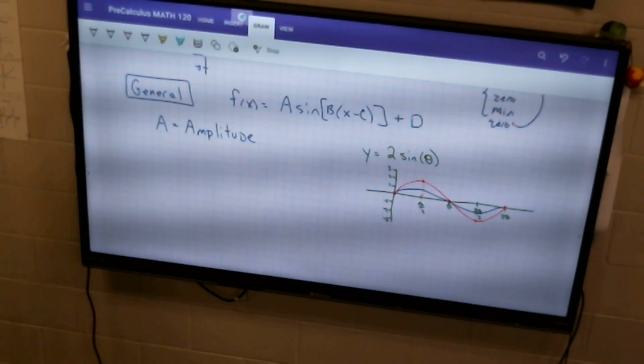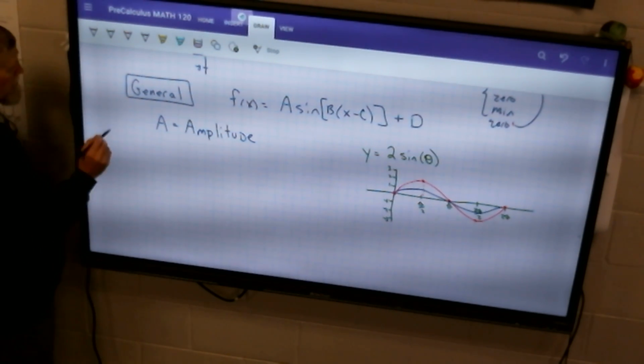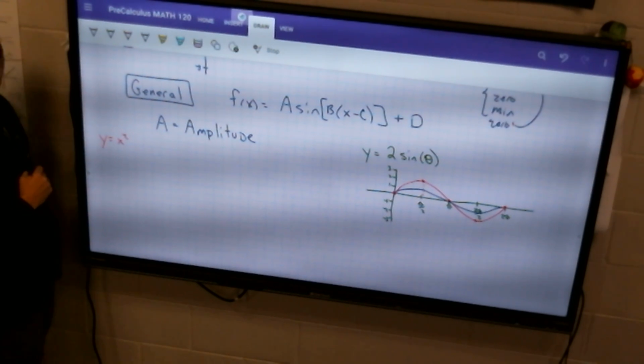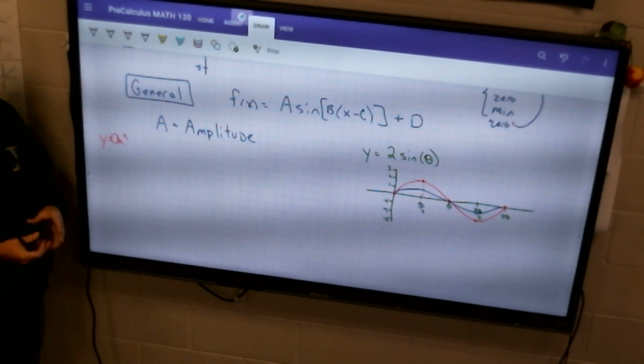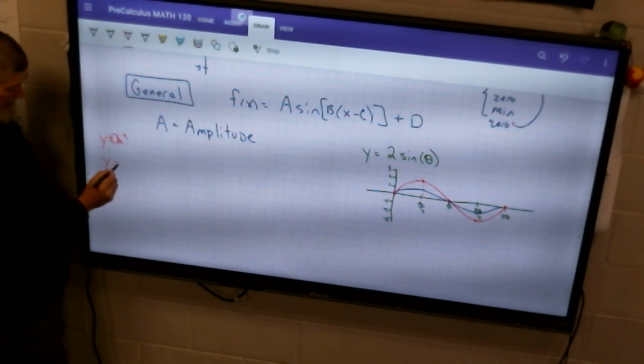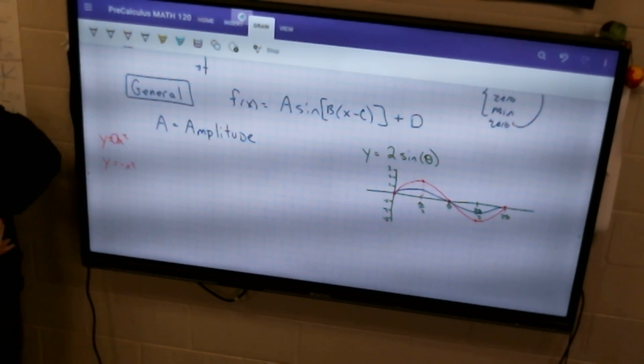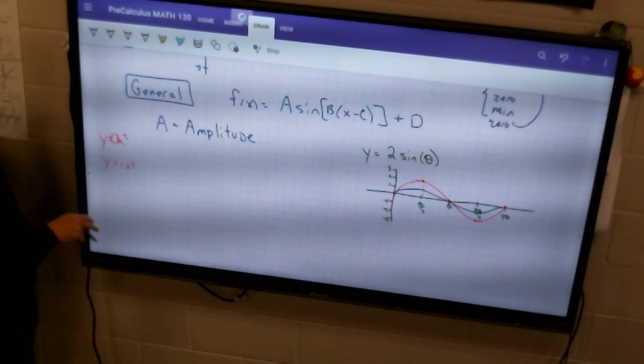What else could that amplitude do? Good guess. Let me give you a hint. Do you remember when we had y equals x squared? The number in front is what stretched it vertically. Yes, it can make it reflect, because what if I have y equals negative x squared? What did that do? It reflected it over the x-axis, right? Put it upside down.